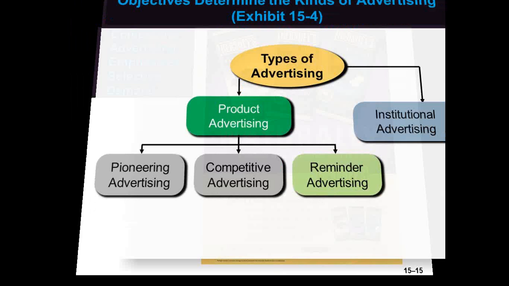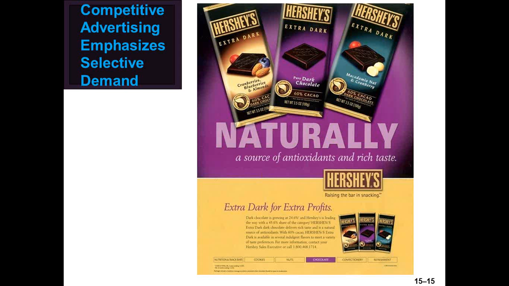Competitive advertising tries to develop selective demand for a specific product or brand. Competitive ads become more important as competition increases and as a product moves into maturity. The direct type is one that aims for immediate buying action.